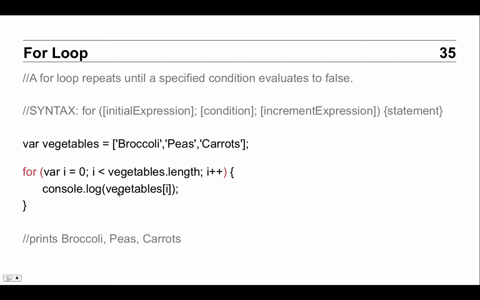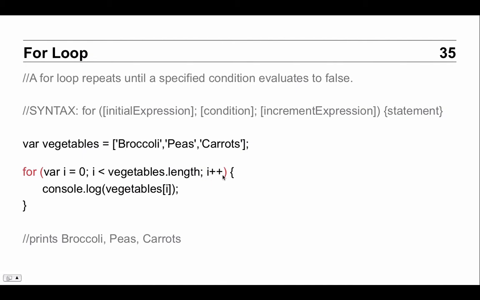So what this is going to do is print in our console the value of the element that has the position index number of 0. Here vegetables[0] is going to give us the value broccolis. So literally the first time this loop runs, it's going to simply print the word broccoli into the console. Then we're going to i++, or increment i by 1.